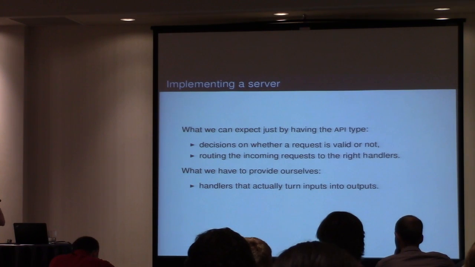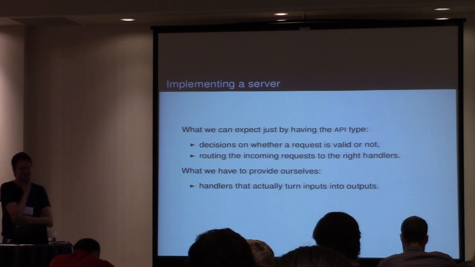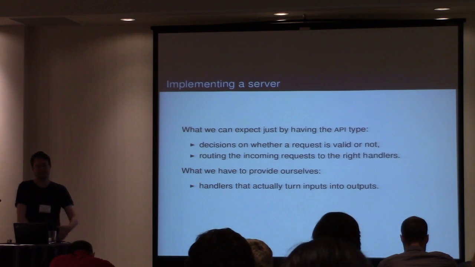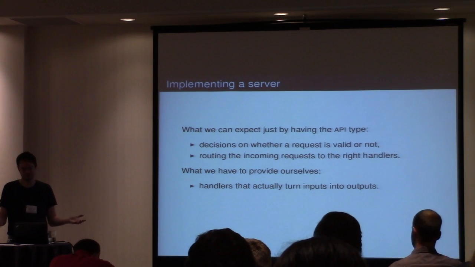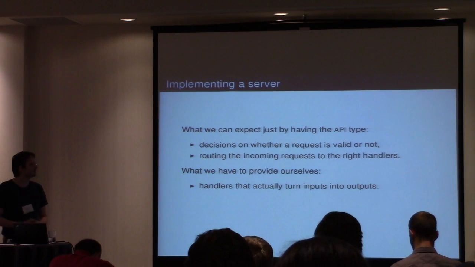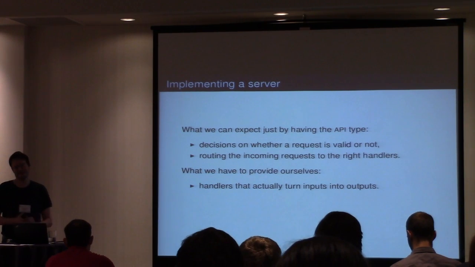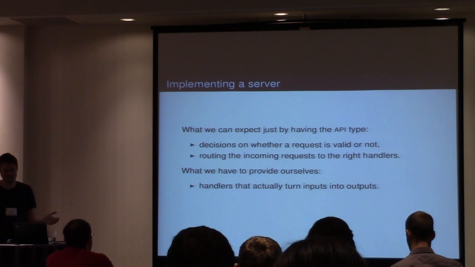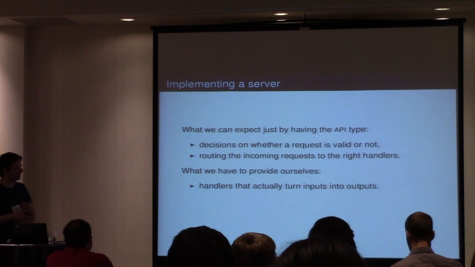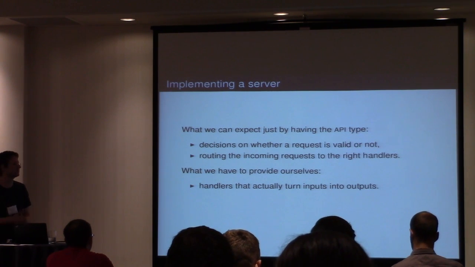If you think about it, one thing that we can expect is that the server can decide, if there is an incoming request to the server, is that request actually valid or not? And it should also sort of dispatch the request to the right handler. So we should have some kind of component-wise way to specify handlers, and the server should automatically do the routing from the request to the right handler.